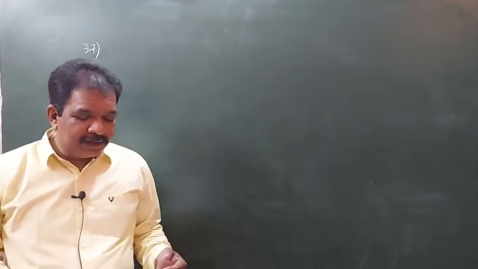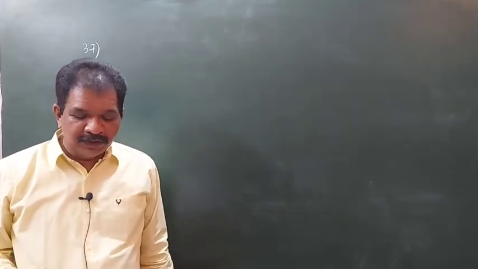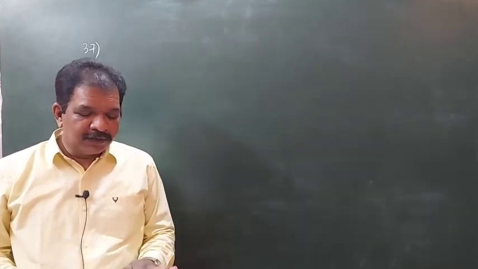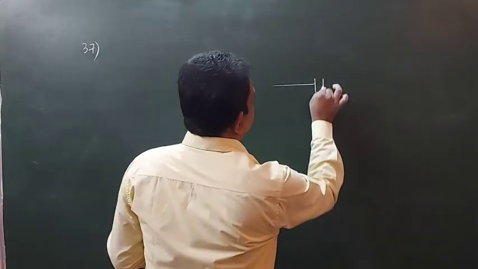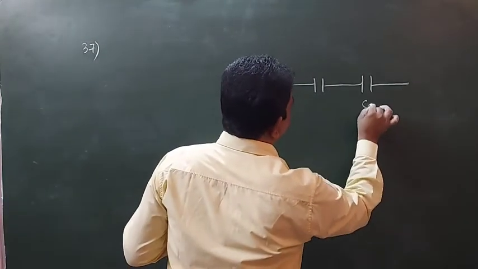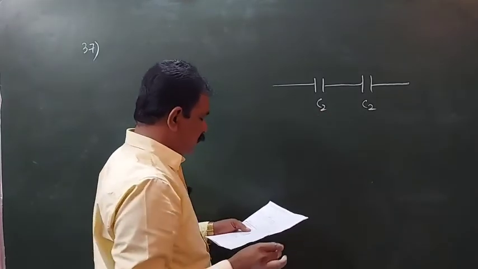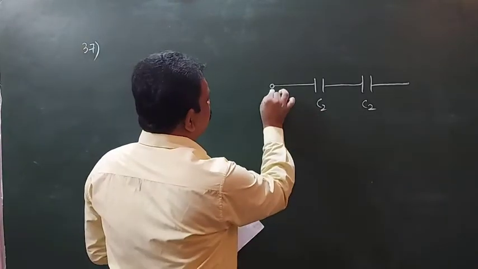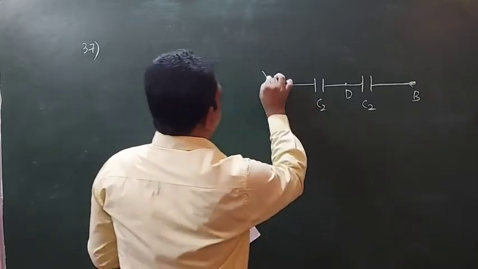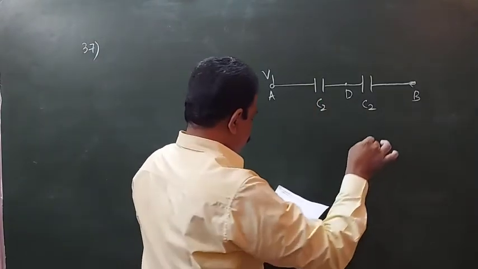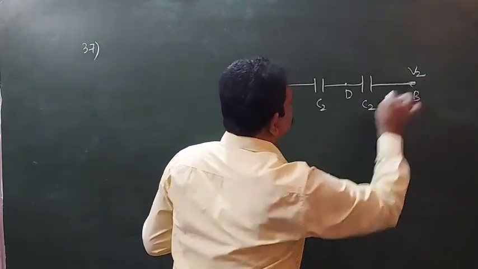What are they asking? Two condensers C1 and C2 in a circuit are joined as shown in the figure. This is C1, this is C2. They named these points A, D, B. Here the potential is V1, here the potential is V2.